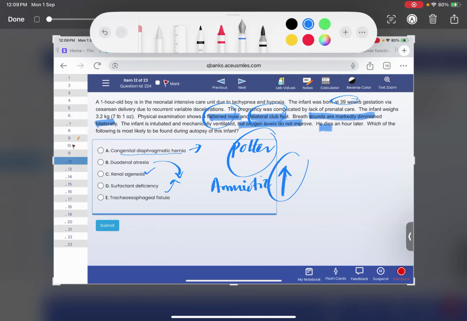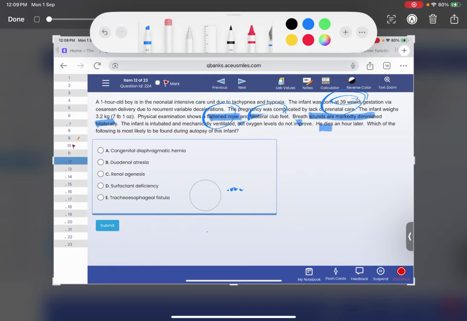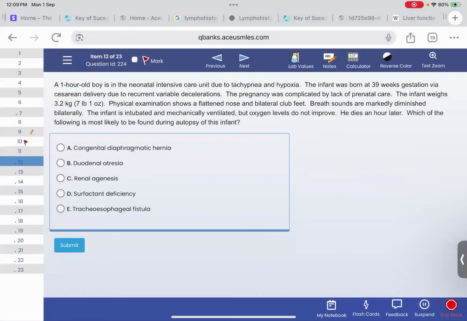So what about surfactant deficiency, ARDS? We have discussed this. It won't be at 39 weeks, the lungs are mature, so we can exclude that. So it's a straightforward question. And diaphragmatic hernia can also be excluded.